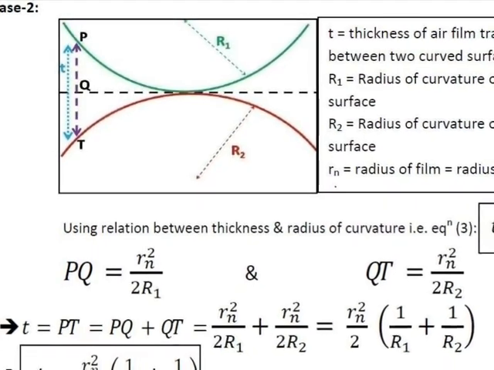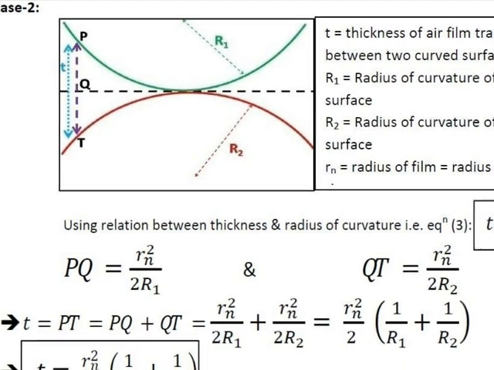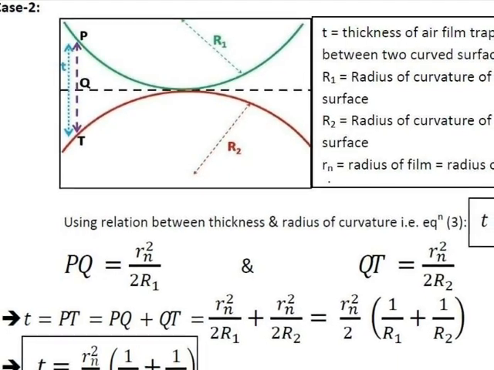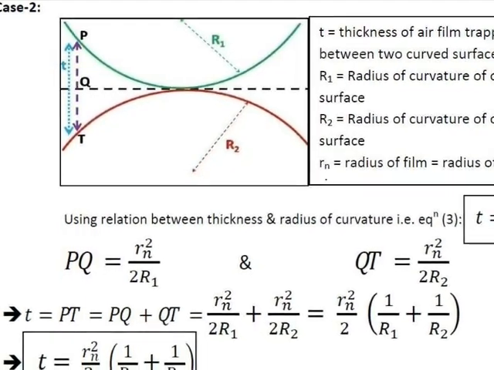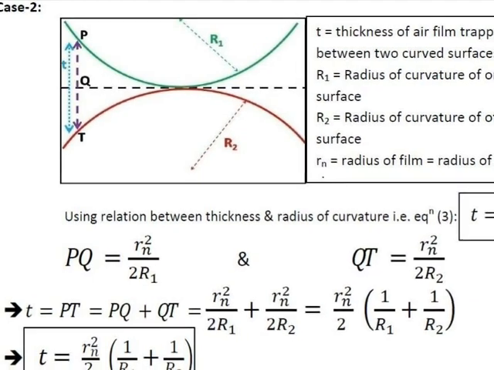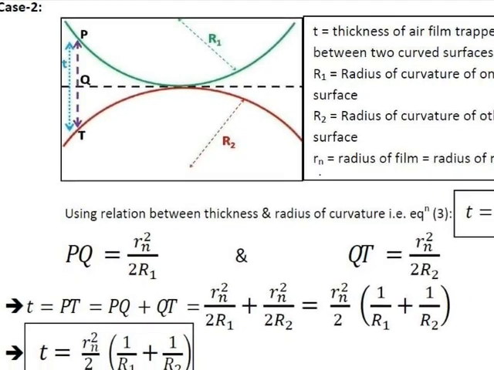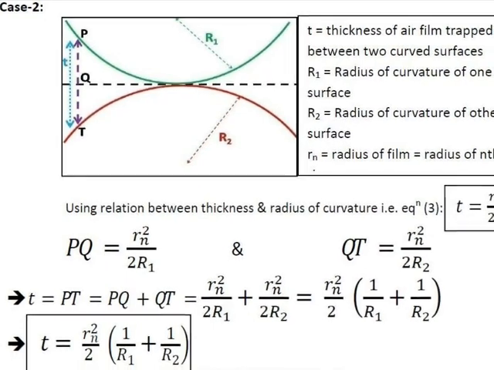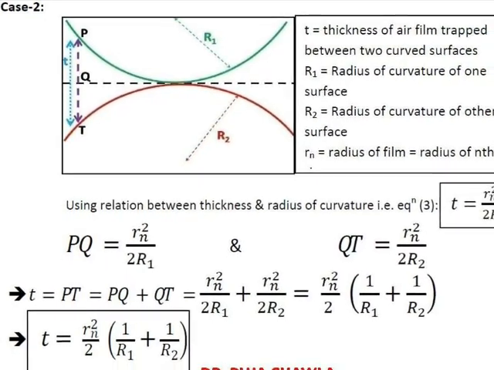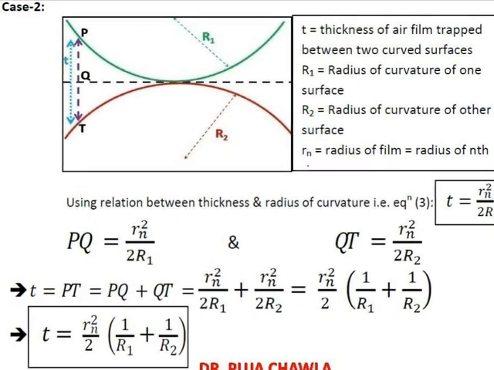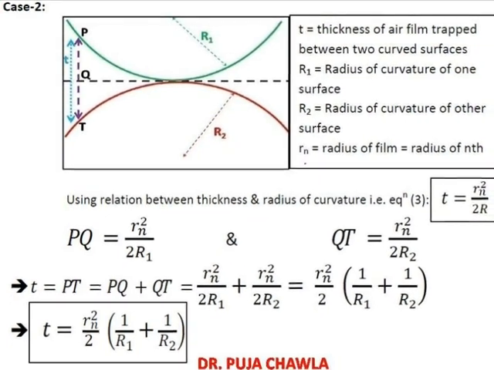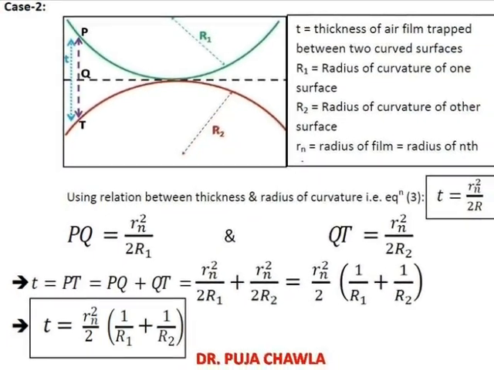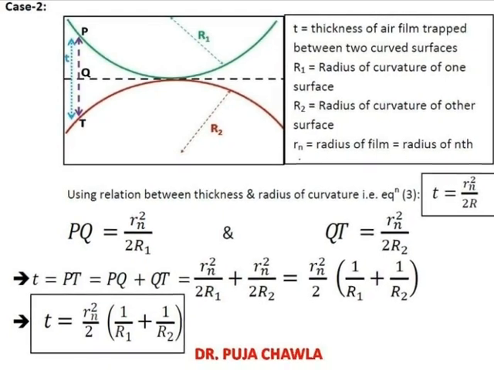Small t equals PQ plus Qt. Add these two factors. Take rn square by 2 as common. Within the bracket we have 1 by R1 plus 1 by R2. So this is the formula for finding out thickness of air film trapped between two curved surfaces. These are the applications of Newton ring experiment.